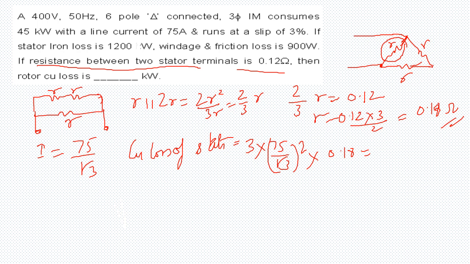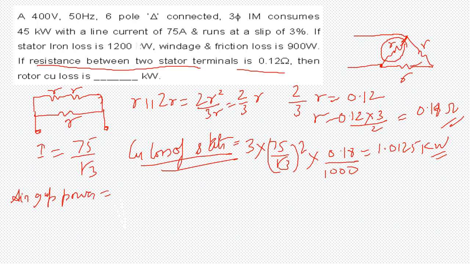If you do this calculation, what you get is 1.0125 kilowatt after dividing by 1000 to convert to kilowatt. So these are my copper losses of the stator.